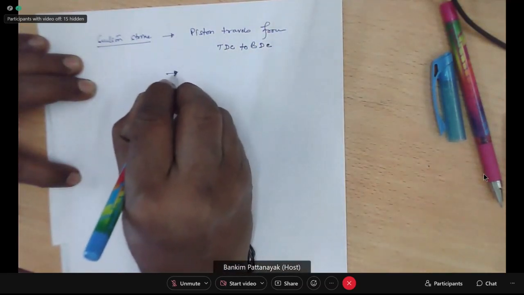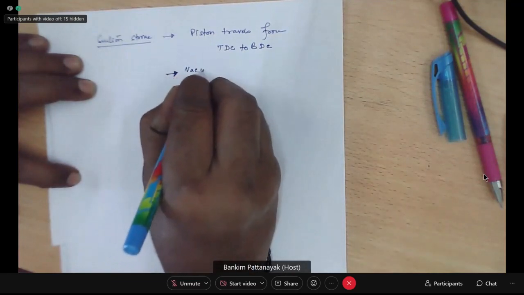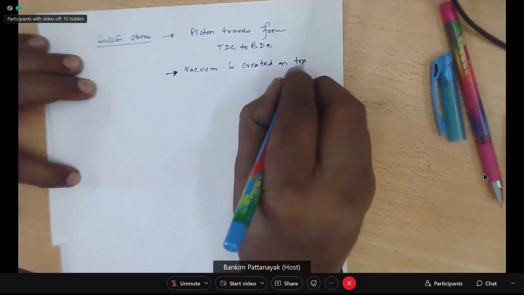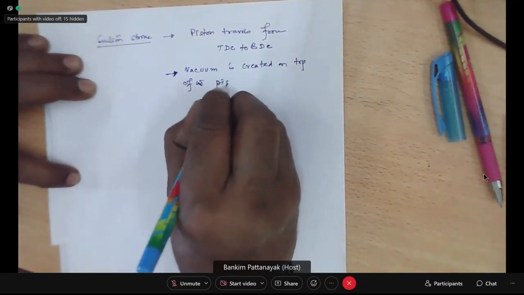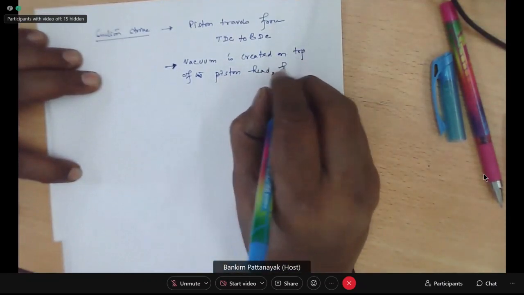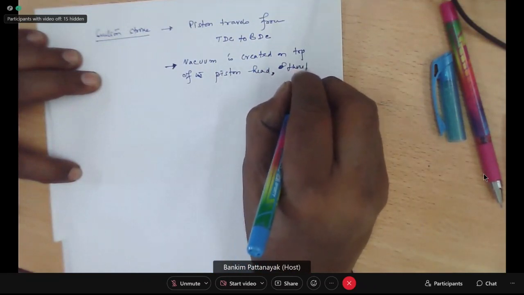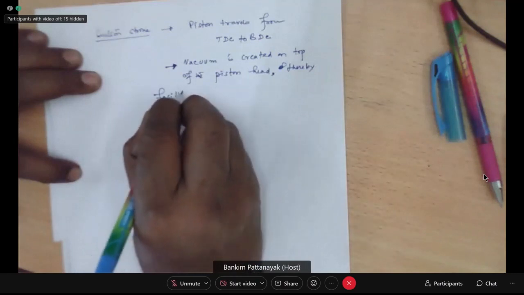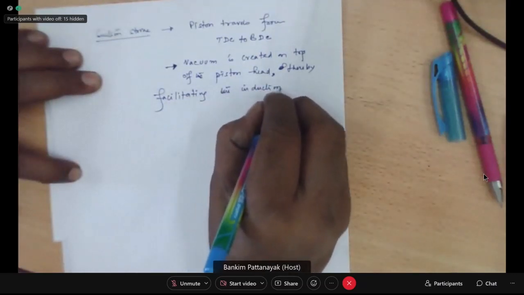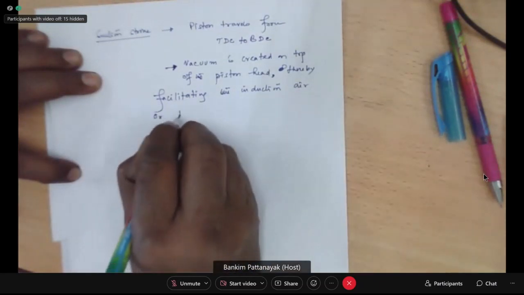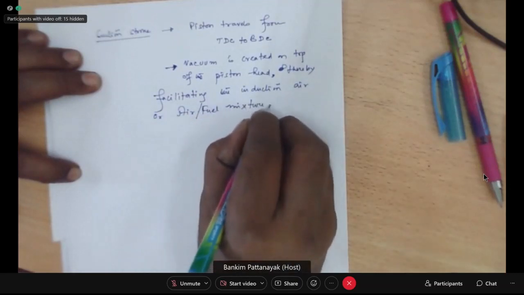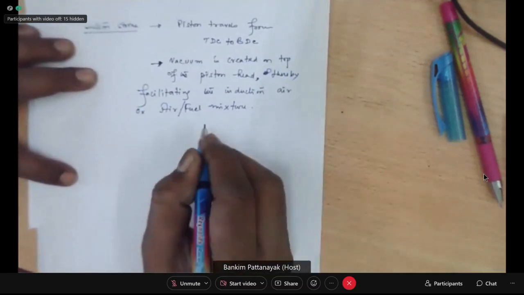So what is its effect? The effect is that vacuum is created on top of the piston head, thereby facilitating the induction of air or air fuel mixture.